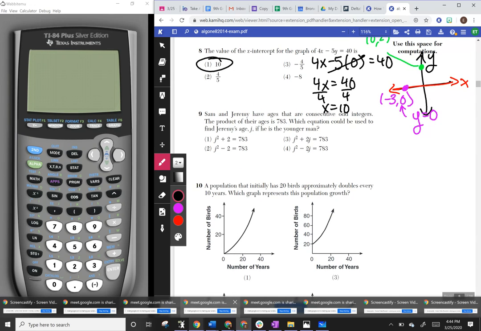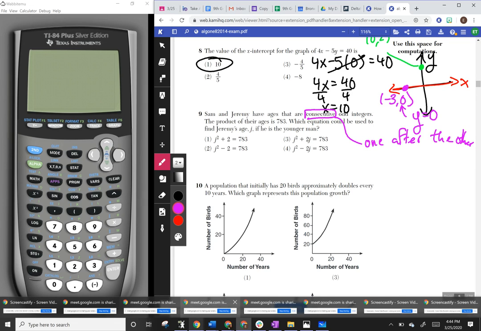Question number 9. Sam and Jeremy have ages that are consecutive odd integers. Let me just pause there and talk about this word consecutive. Consecutive means one after the other. So for example, 1 and 2 would be consecutive numbers. 2 and 3 would be consecutive numbers. 3 and 4 would be consecutive numbers.